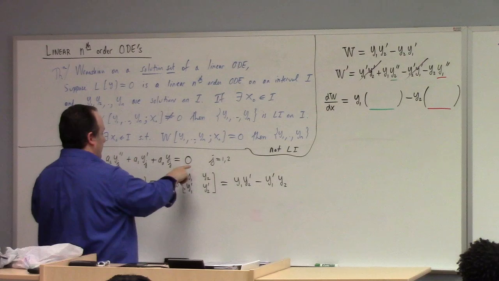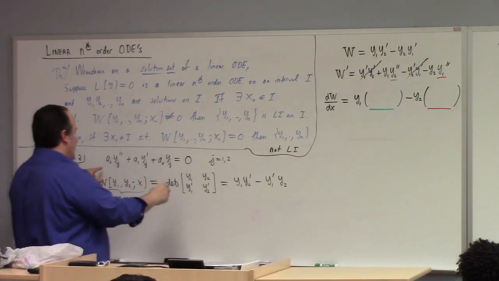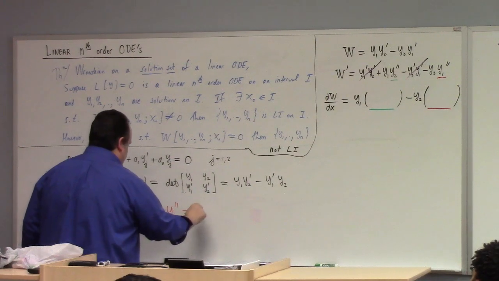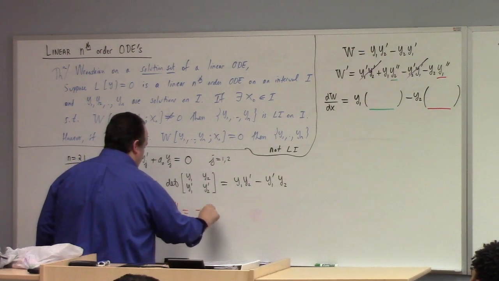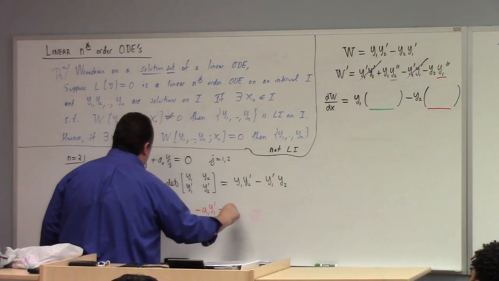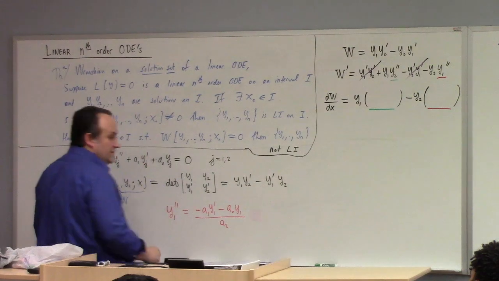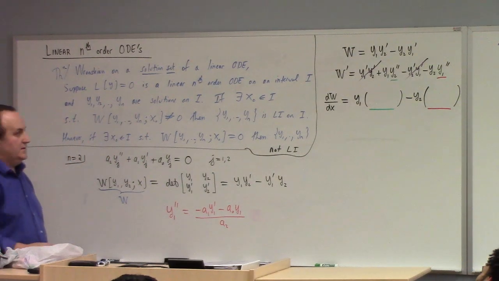We know they solve this, right? So we know that we can solve, like, y1 prime prime is equal to minus a1 y1 prime minus a0 y1, all divided by a sub 2, right? For instance.